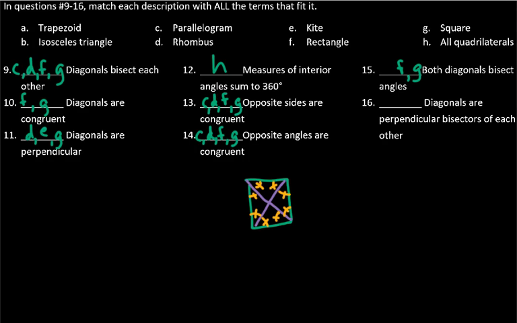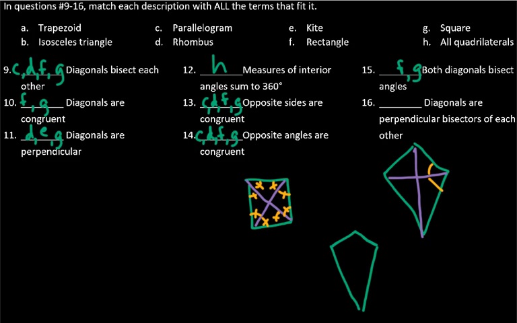A kite, let's see. Will those diagonals bisect angles? I don't think they will here. So I could draw it as a really funny kite like that, and you can see that these angles will not be bisected.